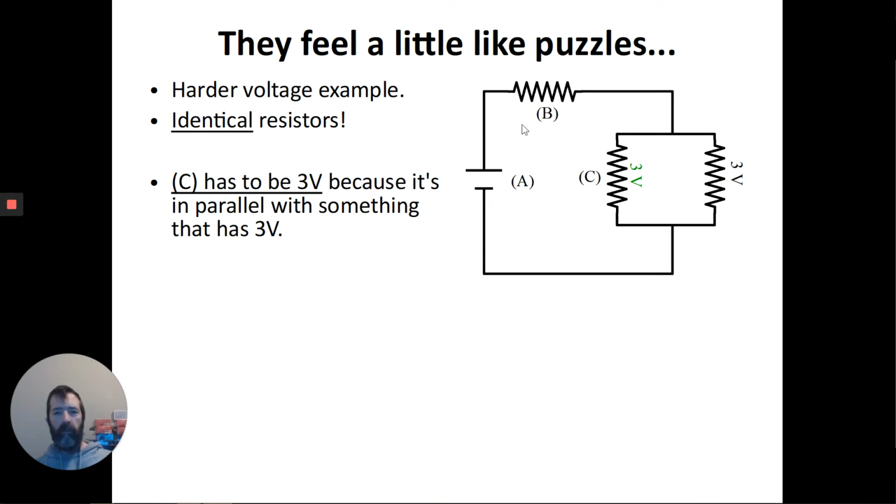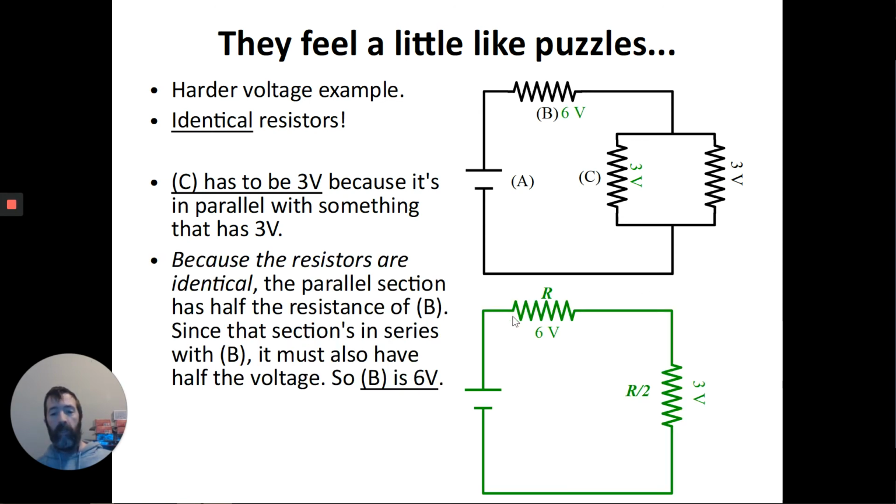So B has twice as much resistance as this section does, and since they're in series with each other, B is in series with this equivalent imaginary resistor of R over 2. That means they have the same amount of current flowing through them, and that means that the voltage for resistor B has to be twice as much.